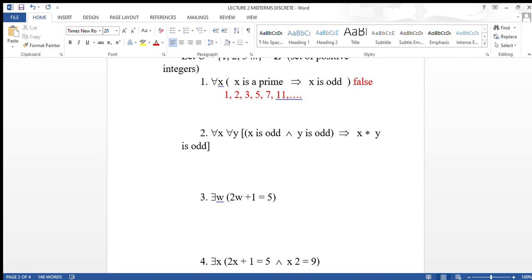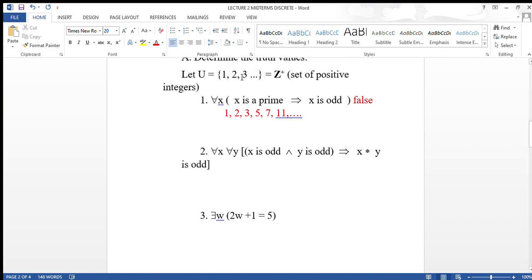Okay, so did you get that? What we are saying here is we are looking at the universe of this course as the set of all positive integers. So when you get a value of x, it must be an integer, and at the same time, it must be odd. When you get a value of y, it must be a positive integer, and it must also be odd.